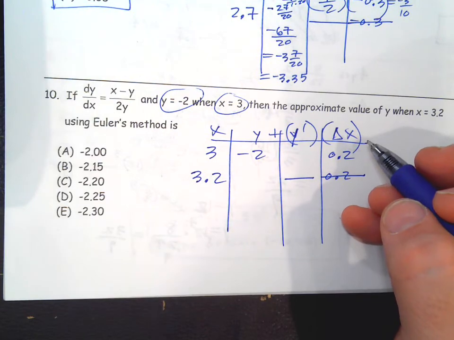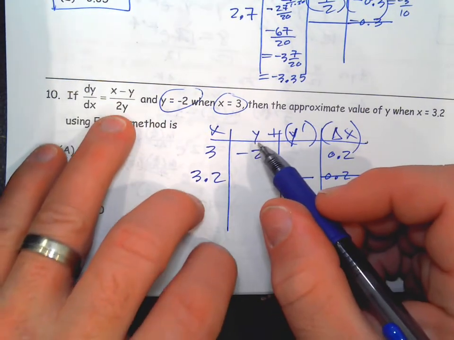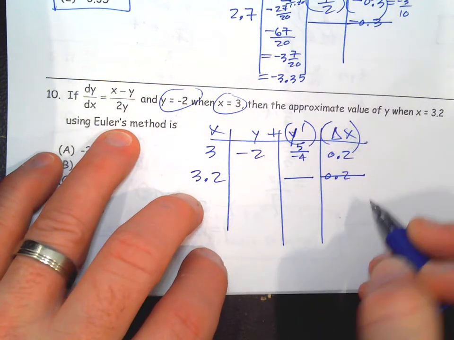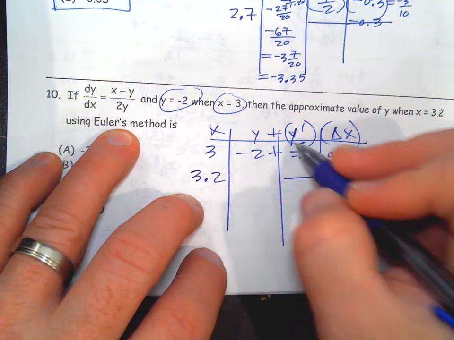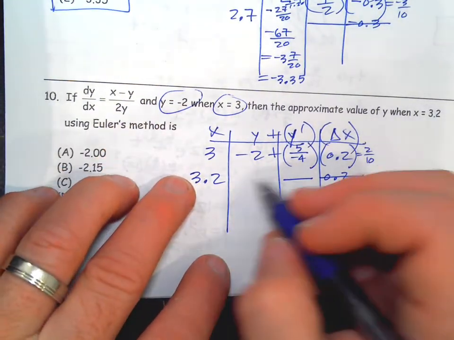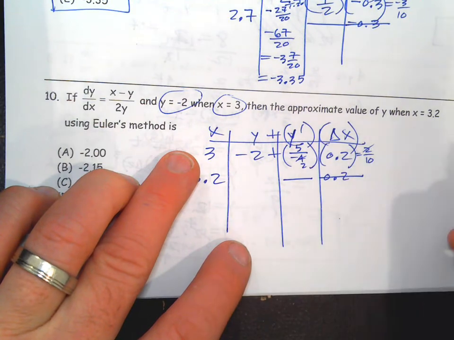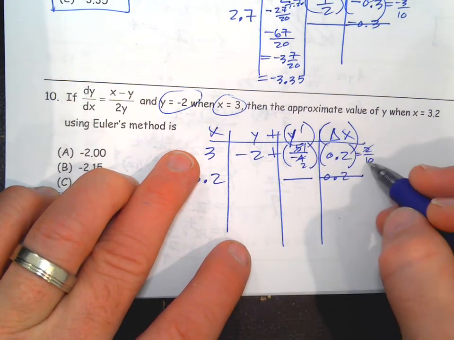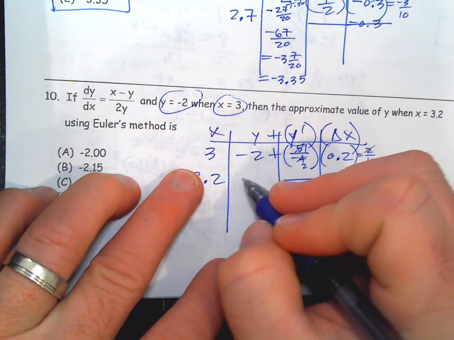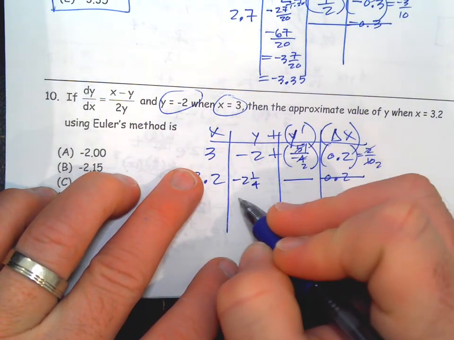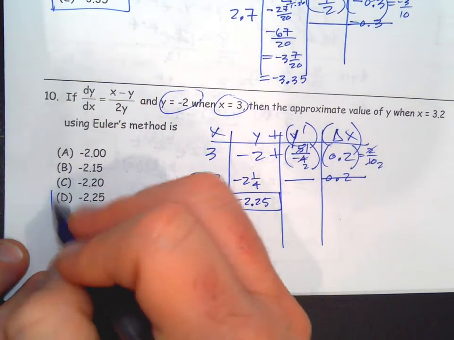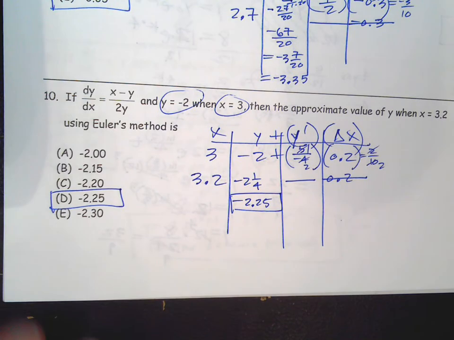So we're going to plug in, see, 3 minus this is going to be 5 over negative 4, right? It's going to be that plus that times that. This is 2/10. So that would be, I'm just reducing it, it's going to be negative 1/4. It's going to be negative 2 1/4. Negative 2.25. There you go. All right.